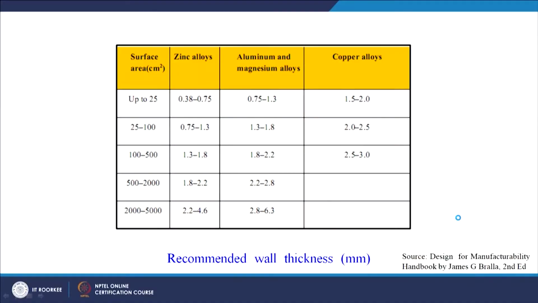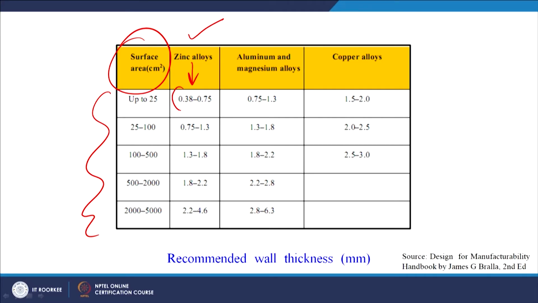So let us try to see what the various wall thicknesses are that are allowed, for which type of material, and for what dimension, what value of wall thickness we must select. You can see the table here, the surface area for the casting is given here. Then for zinc alloys, this is the wall thickness.